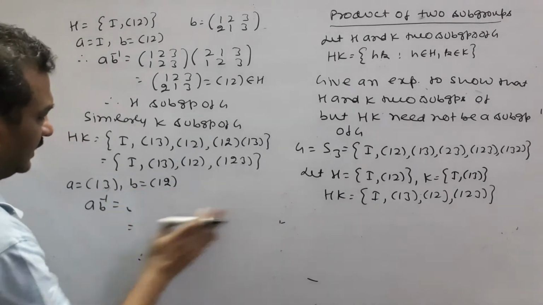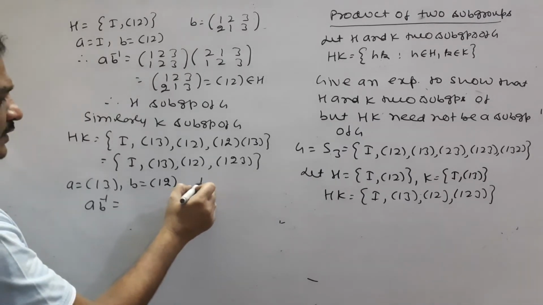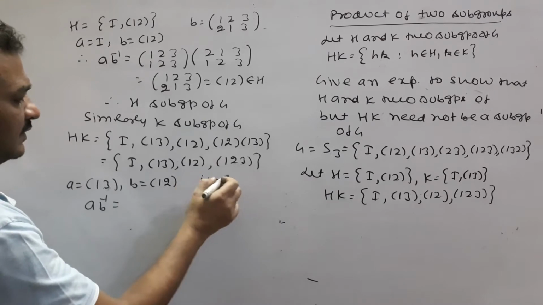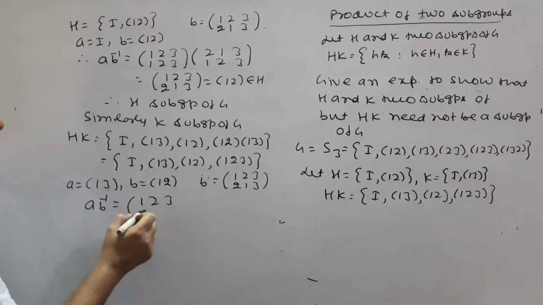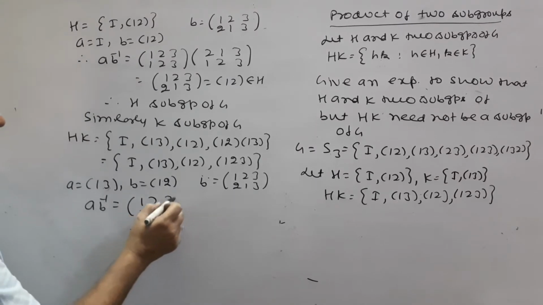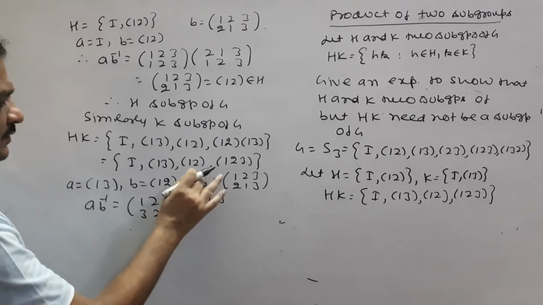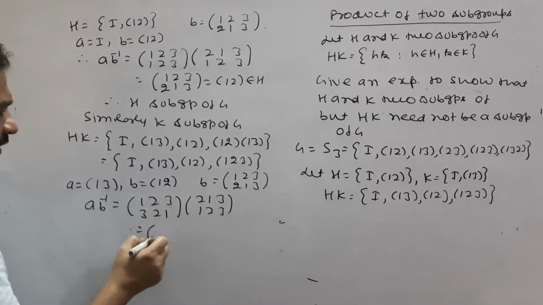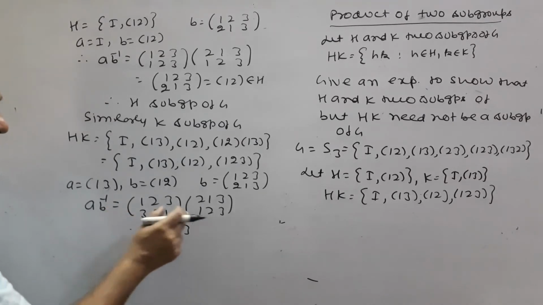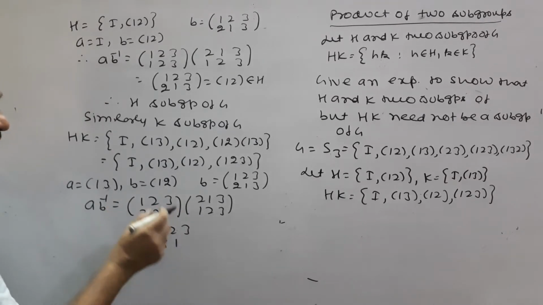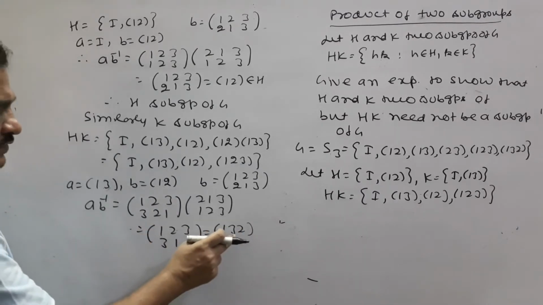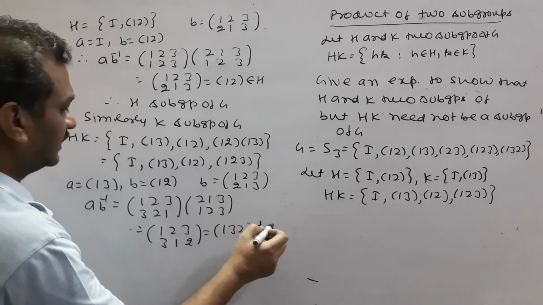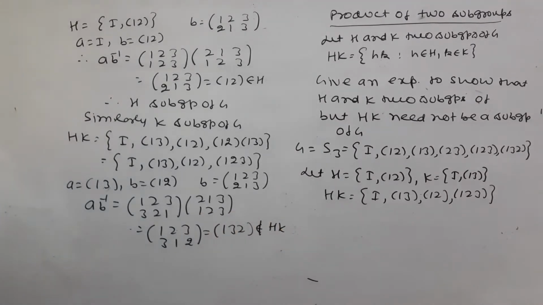Then a b inverse: 1 goes to 3, 3 goes to 2, 2 goes to 1. We get (1 3 2). This does not belong to HK. Okay, so HK is not a subgroup of G.